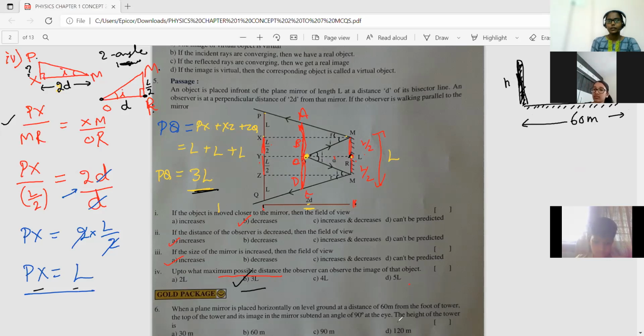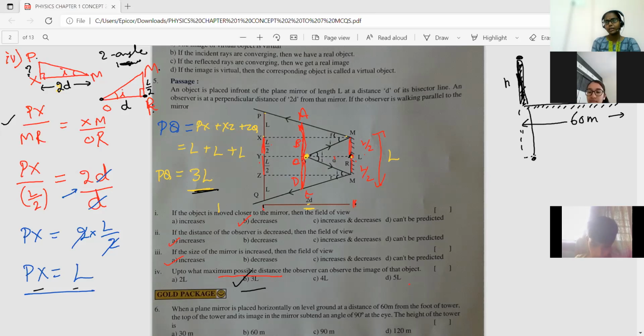Now, the top of the tower and the end of the image of the tower. The image of this tower we are going to get here, right children? From the top of the tower to the end of the image, both will make an angle of 90 degrees at the eye.